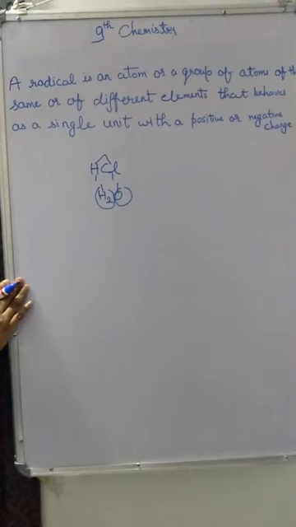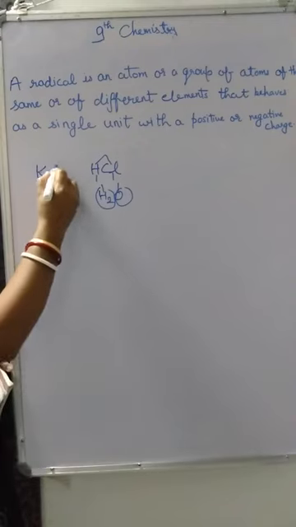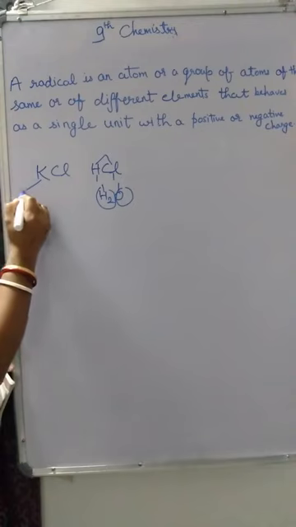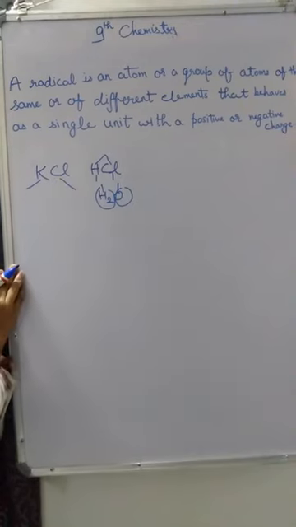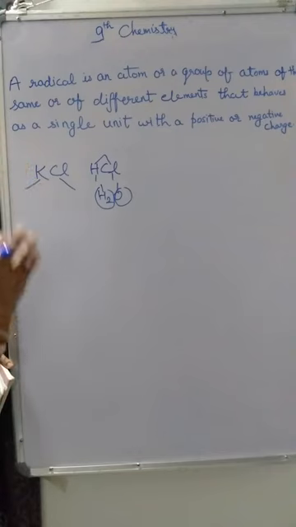So potassium is one radical and chloride is the other radical. In all the molecules of a compound, they are made up of two parts. So this is called radical.